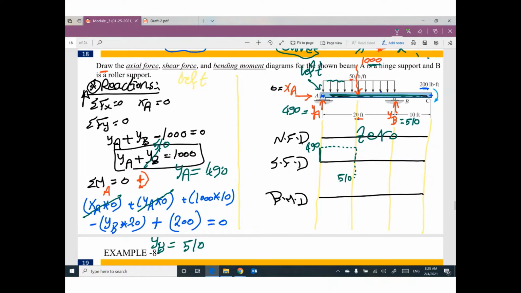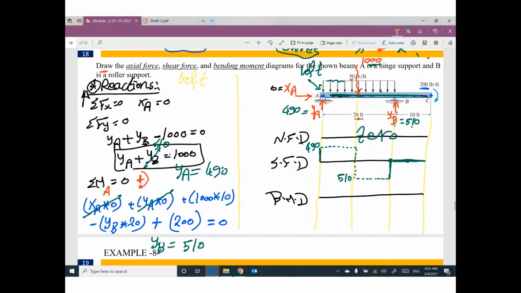Keep walking normally, but dotted. We are done with the dotted line. We have reaction YB 510, so I will go up 510 to reach 0. You are lucky. Then keep walking at 0. Do you have anything to go up or down? No, we are done.